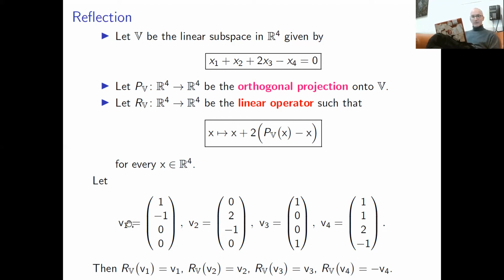So you substitute V1, V2, V3, V4 into this formula, and you see that when you reflect V1, you get V1, you reflect V2, you get V2, you reflect V3, you get V3, but when you reflect V4, you get minus V4. And intuitively it's clear, because it's orthogonal to this hyperplane V, and when you reflect, you just get the inverse of V4, V4 multiplied by -1.